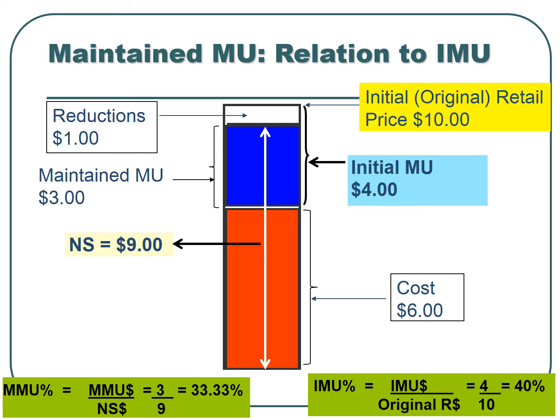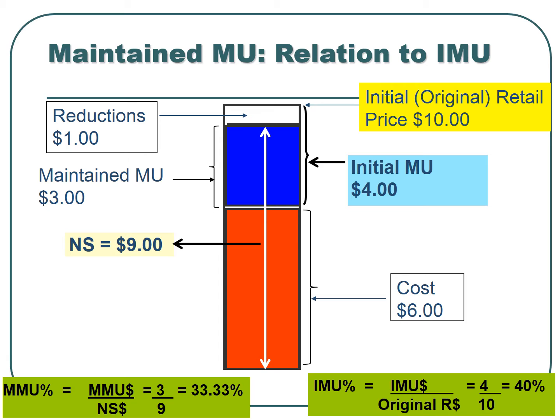All these things you could write down as formulas, but if you can just understand their relationships, you can easily derive this type of formula in your head when you are given certain problems. Let's continue to take a look at, for example, initial markup. Initial markup of $4 was calculated based on the original retail and cost, right?